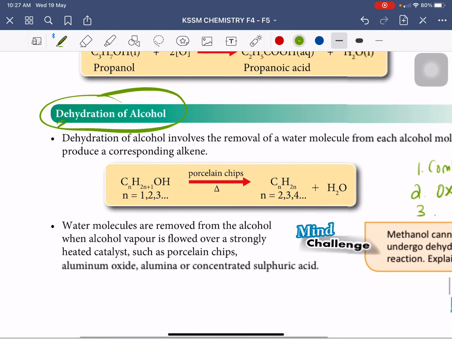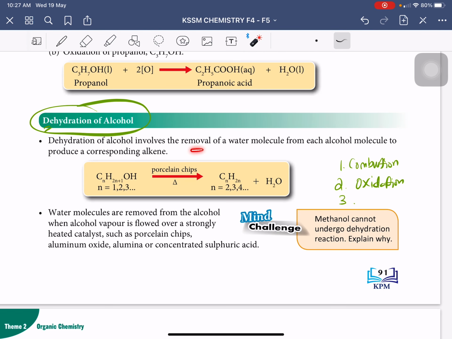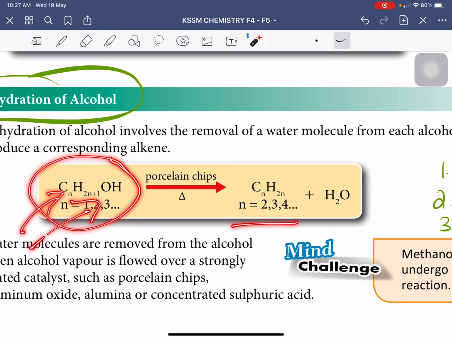Dehydration of alcohol involves the removal of a water molecule from each alcohol molecule to produce a corresponding alkene. So if you have butanol, you will have butene. If you use ethanol, you can have ethene.